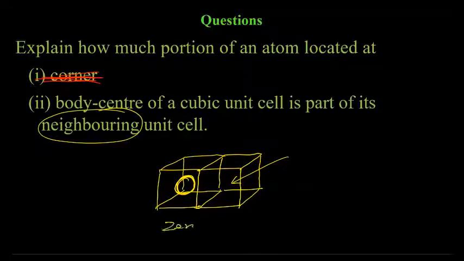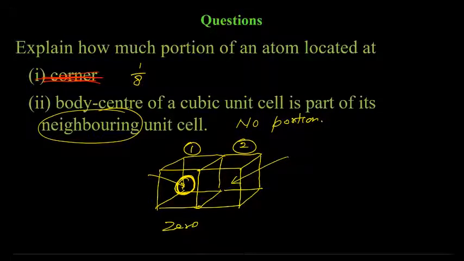Zero. This is present in the first unit cell. No part of it is present in its neighboring unit cell, whether on left, right, top, bottom, whatever. So the answer will be no part. No portion.